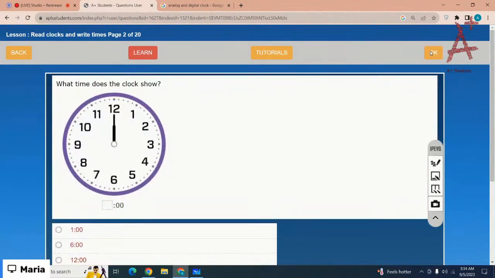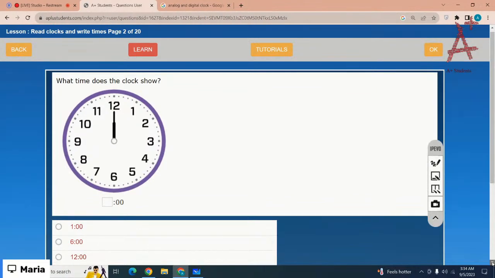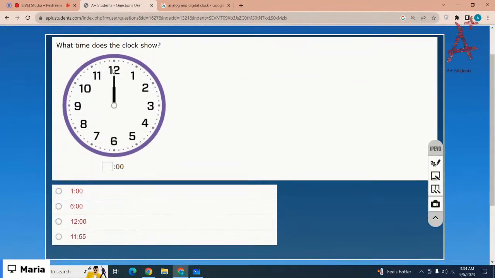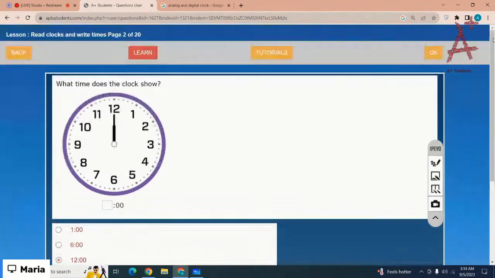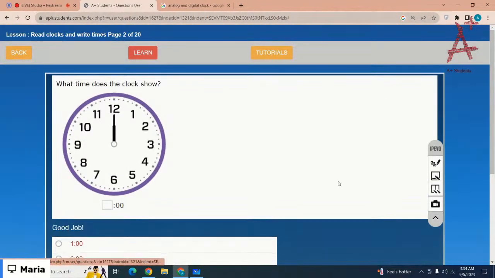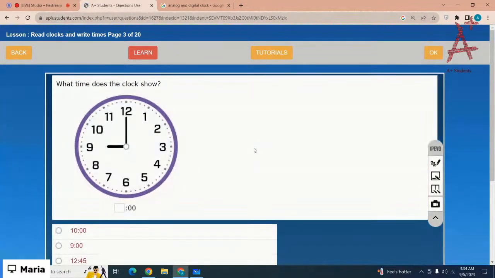What time does the clock show? It would be 12 hours and 0 minutes, right? Option number 3 is the correct option. 12 hours and 0 minutes. What time does the clock show?